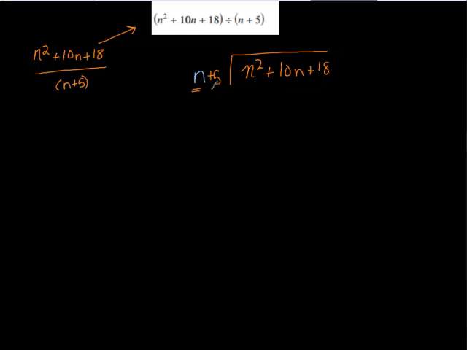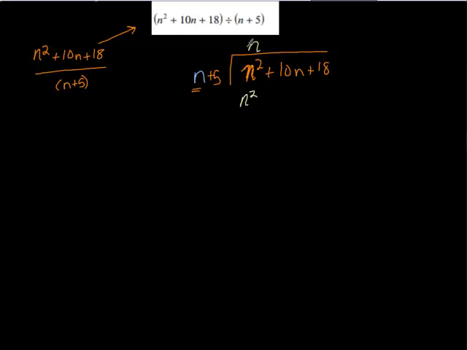Right now we have a binomial, but if it was a trinomial or any amount of terms, you always follow the first term. The rest of it follows. So we're asking ourselves a question. How many times does n go into n squared? That is to say, what multiplied by n gives us n squared? That number would be n, wouldn't it? So n is our first number. n times n is that n squared that we were looking for.